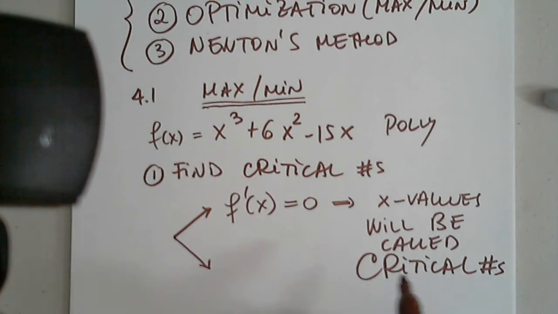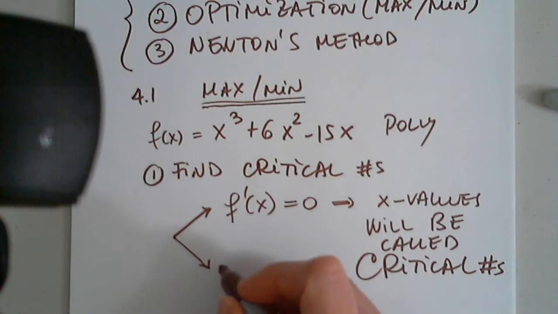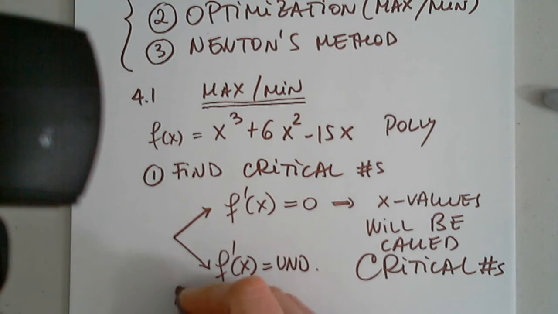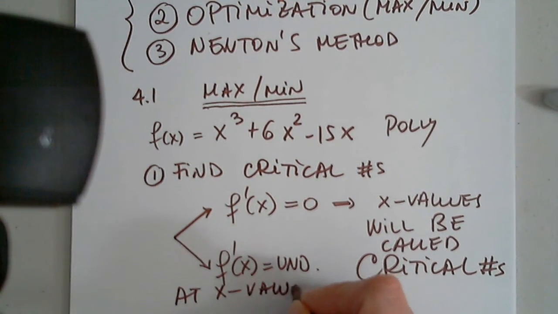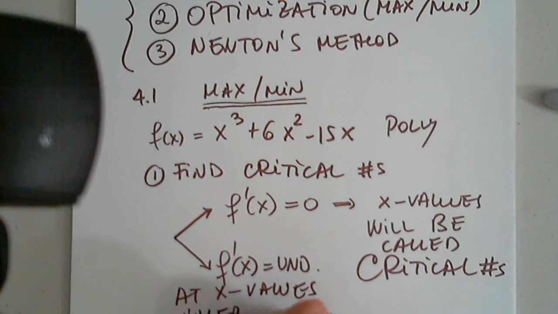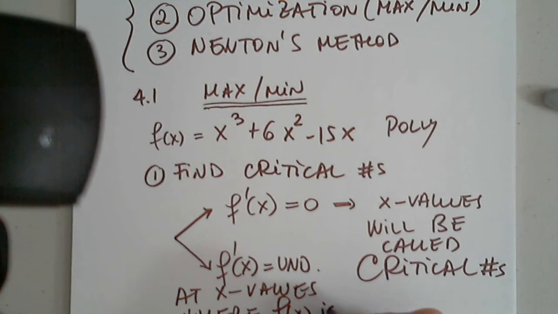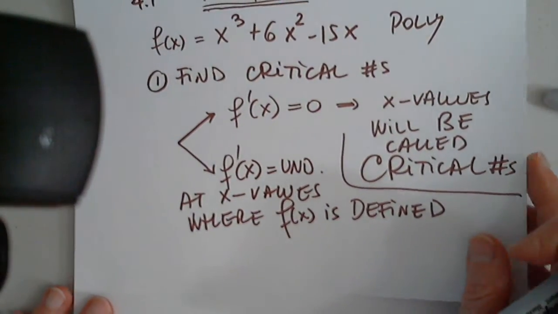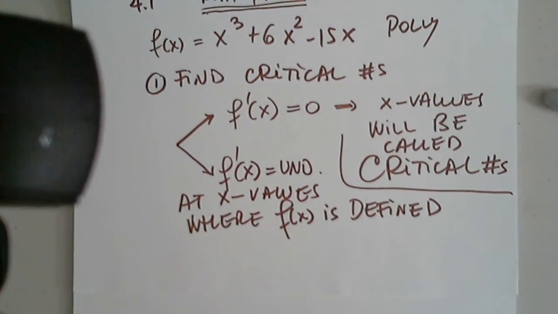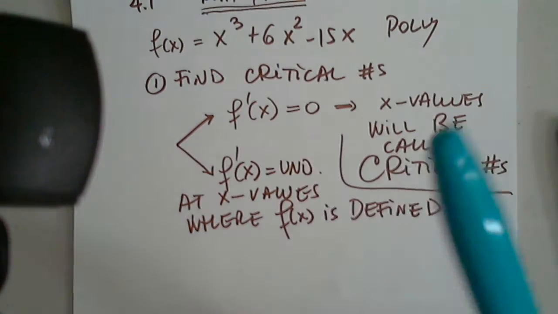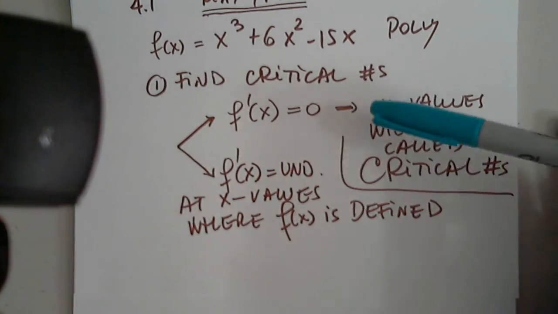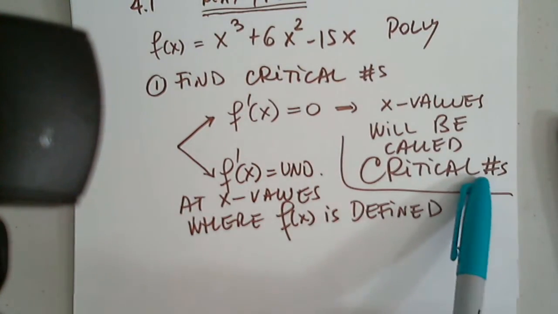But critical numbers can also come from a second source, which is f prime of x being undefined at x values where f of x is defined. So critical numbers, one more time, can be determined from f prime of x being 0. I solve the equation. The solutions of this equation are called critical numbers.